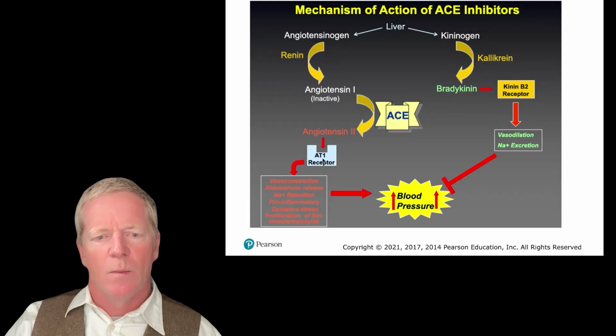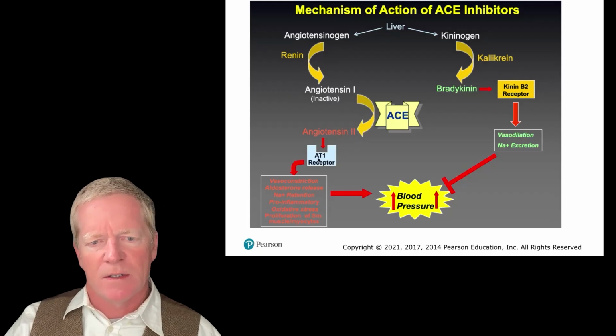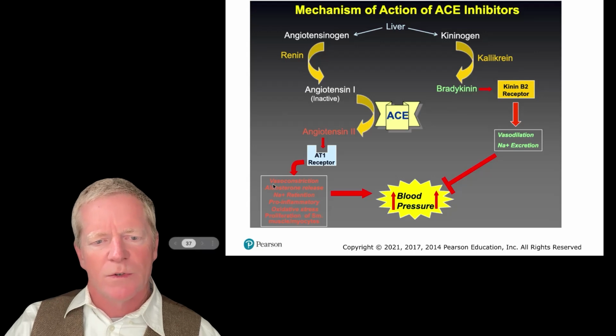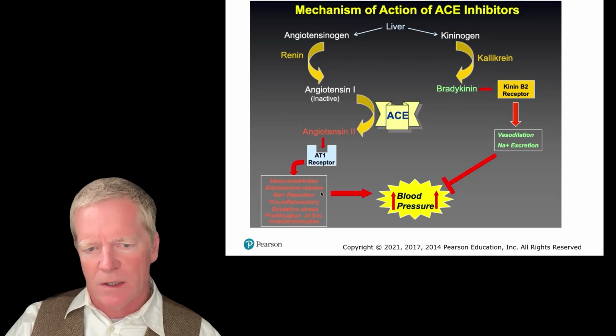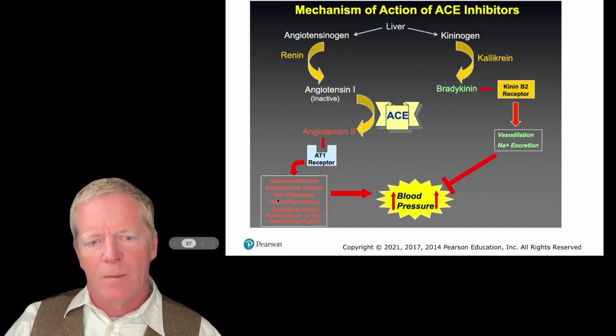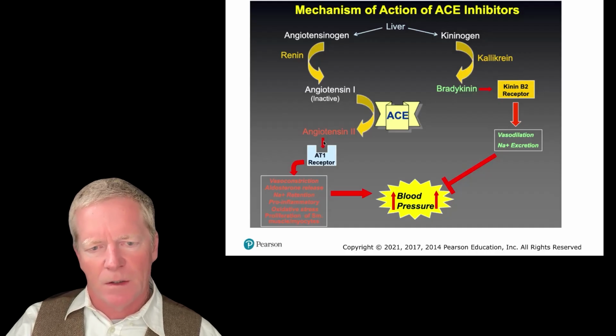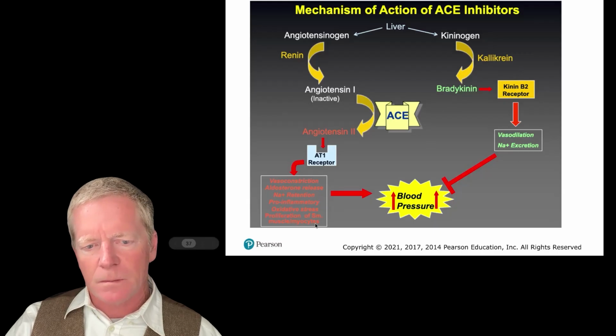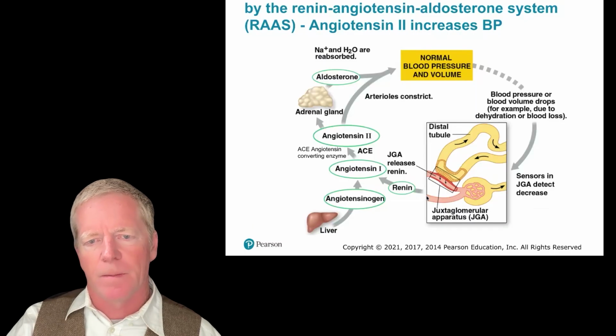Angiotensin 2 binds to the angiotensin 2 receptor, which results in vasoconstriction. Vasoconstriction results in aldosterone release. But you see, alongside of angiotensin 2 activation is sodium retention, it's pro-inflammatory, and it increases, ultimately, blood pressure.